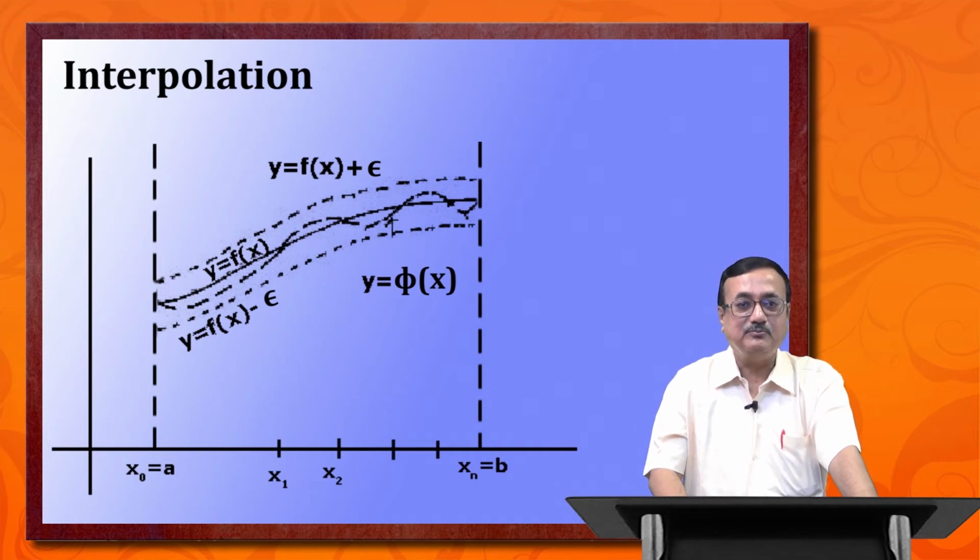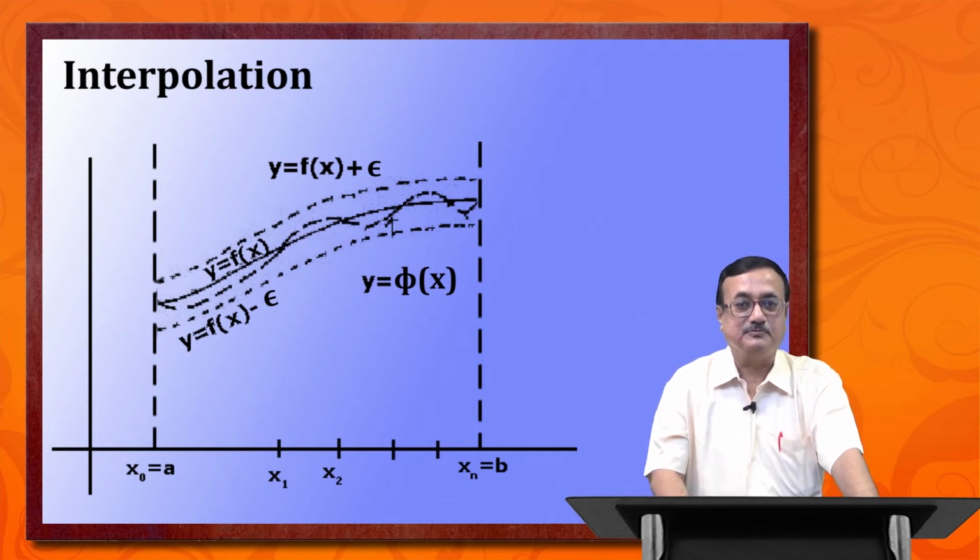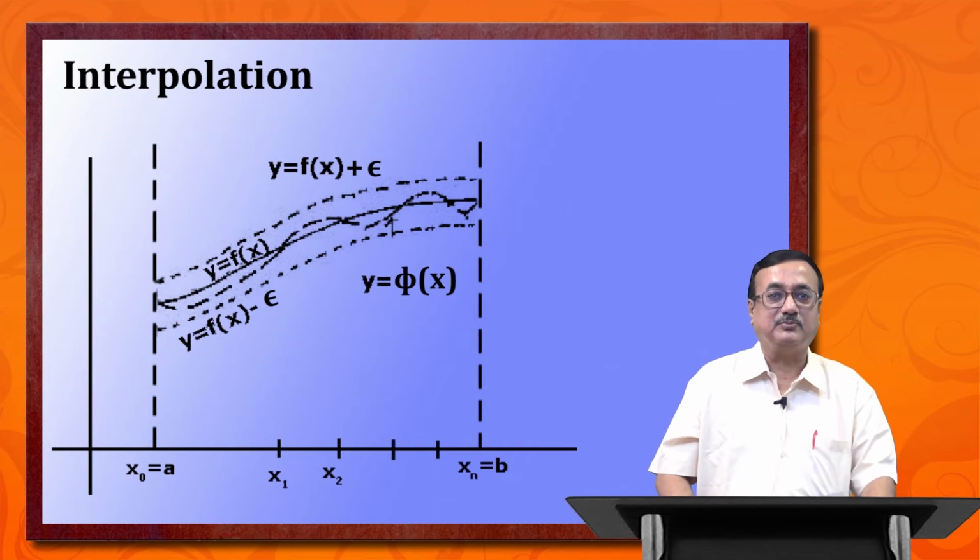Also observe that at some points phi(x) and f(x) coincide. For example, at the point x0, phi(x) is equal to f(x), at x1 also phi(x1) is equal to f(x1), and at x2 also f(x2) is equal to phi(x2). These are the nodal points.